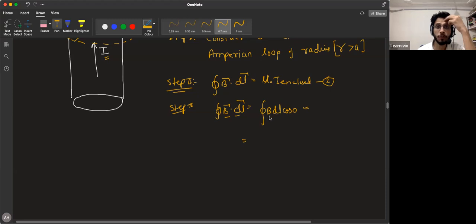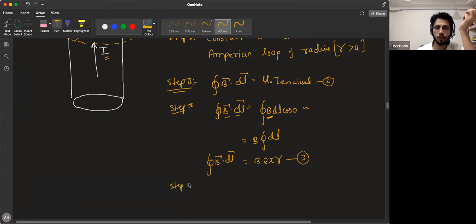Hishma, what should be the next step if B is uniform? I'm saying B is uniform. You take the B out of the integral. Yes, we can take B out of the integral. So this is the integral of dl. What is the integral of dl? 2 pi r. So we have the closed integral of B dot dl as B times 2 pi r. That is my third equation.